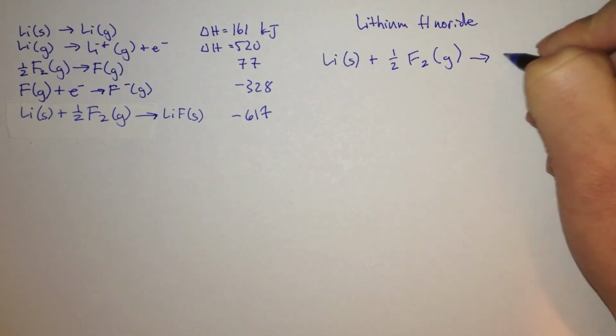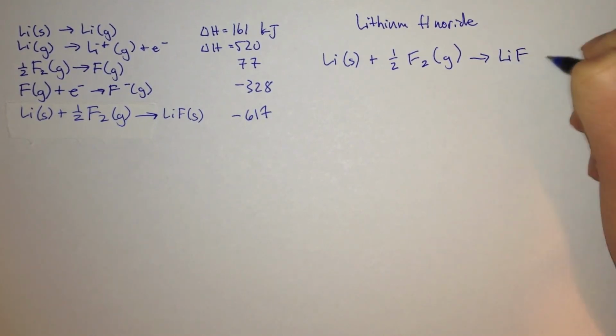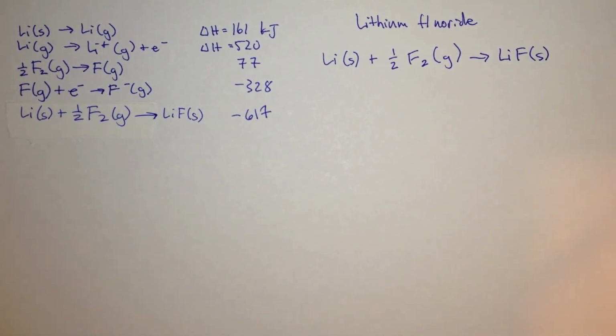We use this to create lithium fluoride, and we want it to be a solid. And again, this is another ionic compound with a lattice structure. So we can solve it the same way we solved the previous problem.